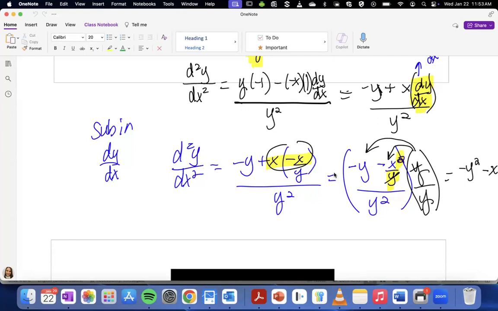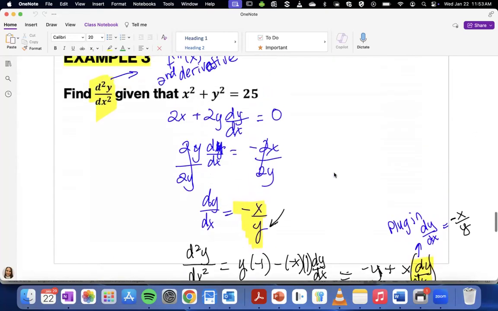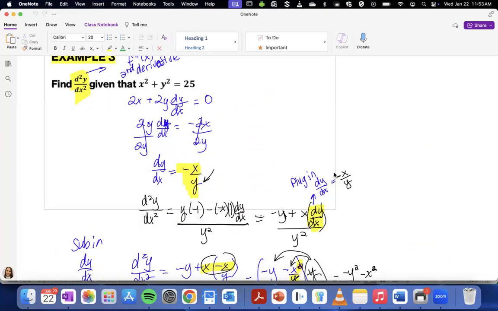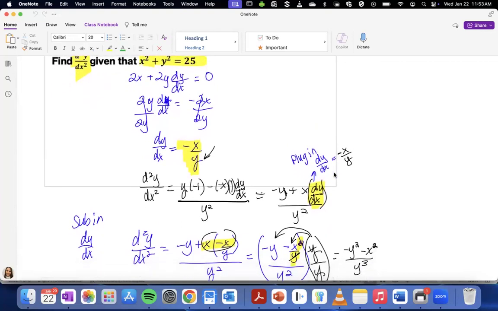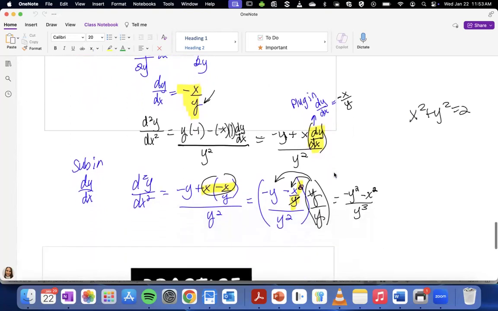All over y cubed. Okay, and we can actually do one more thing. They'll do weird stuff. If you look at your original equation, let me scroll up here. Do you see that we know x squared plus y squared equals 25? Now I have a semblance of that down here. So this numerator, couldn't I get an x squared plus y squared out of that?